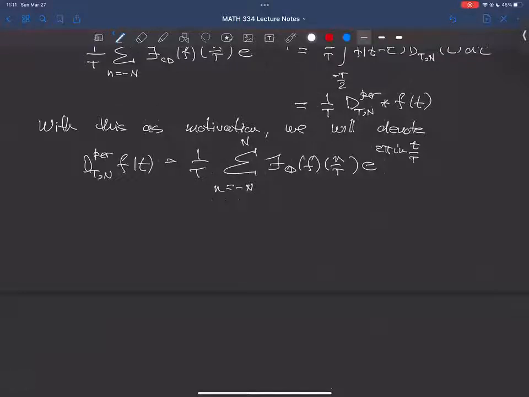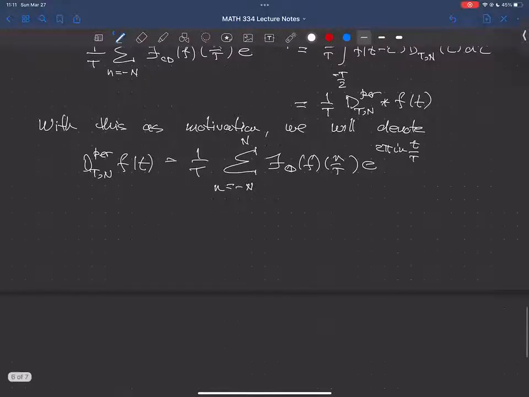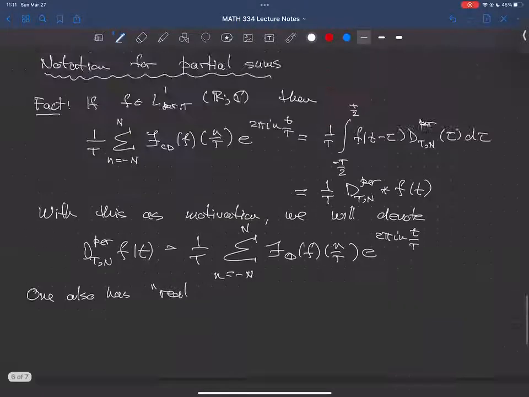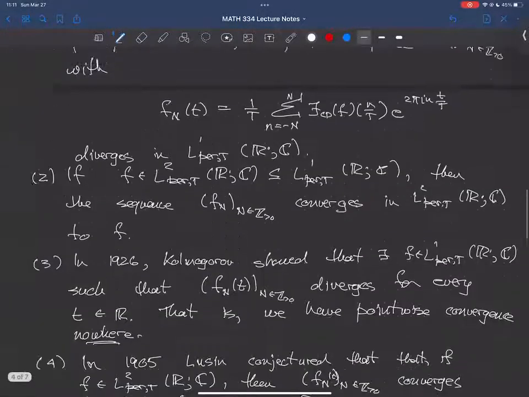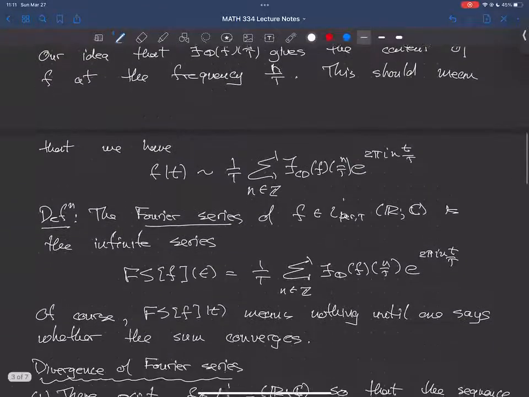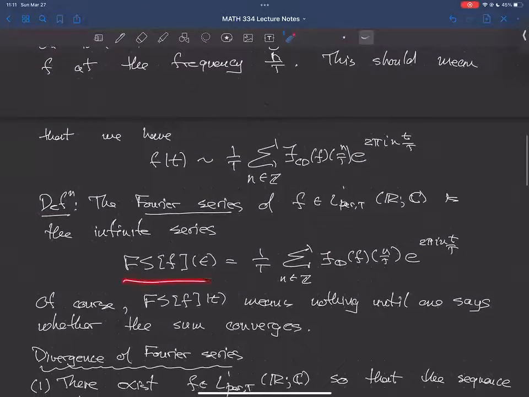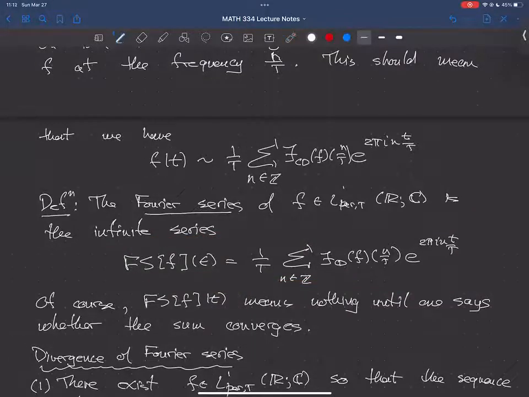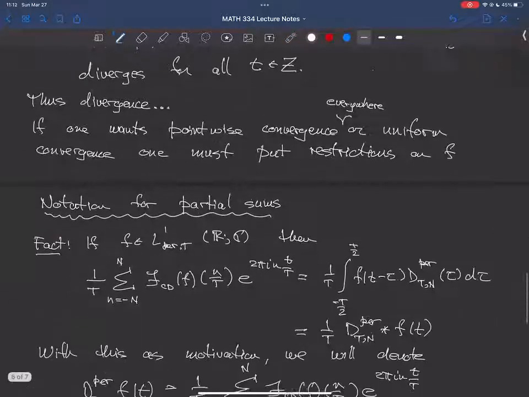So the other thing I want to do, just by way of contrast, is this. We've written our Fourier series up here using complex harmonics. You can also write it using real harmonics.